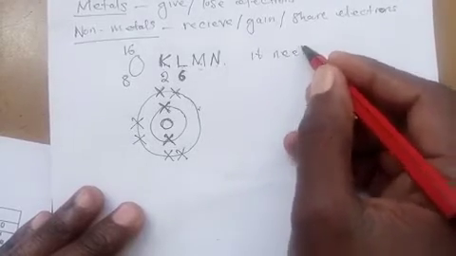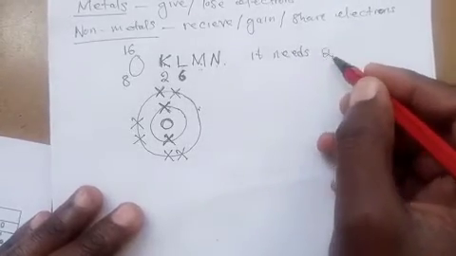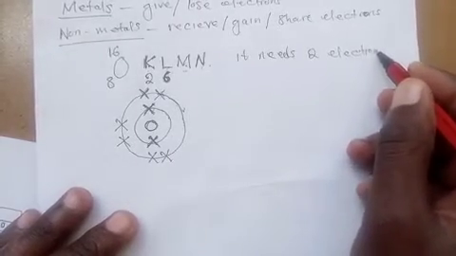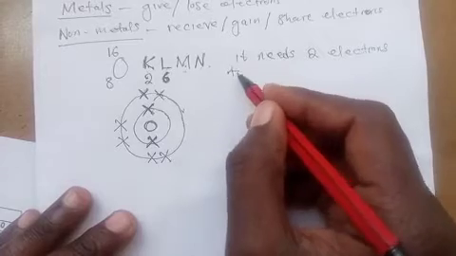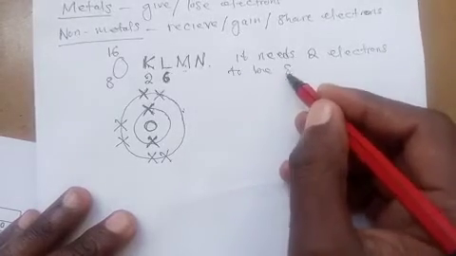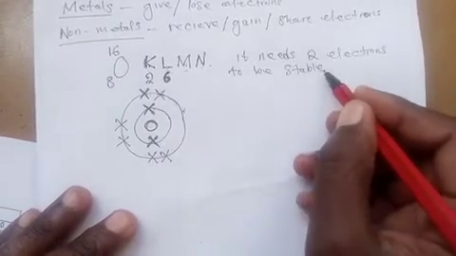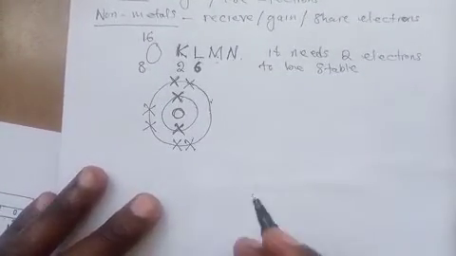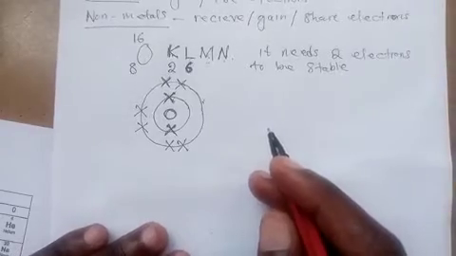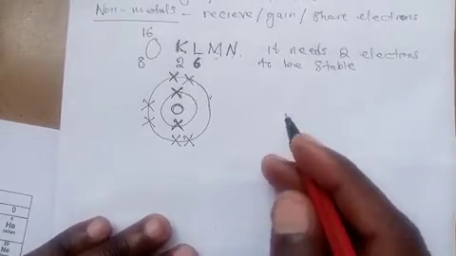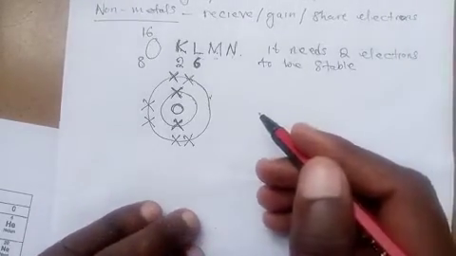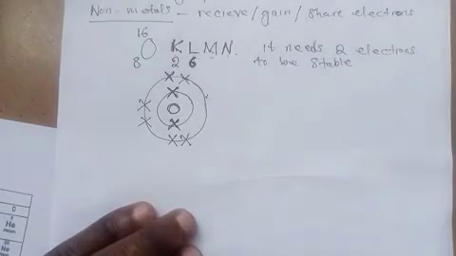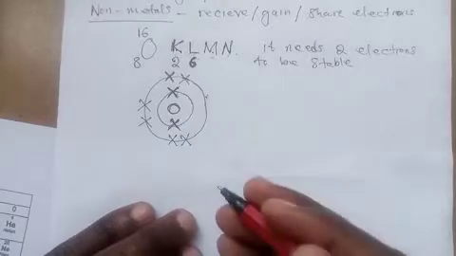It needs 2 electrons to be stable, like this. I'm breaking it down so that you are able to understand. If you miss this, you can't pass. Okay, if you miss this, then you can't pass. So you need to have this as you will be writing your exam, as you will be doing these other topics which are ahead.